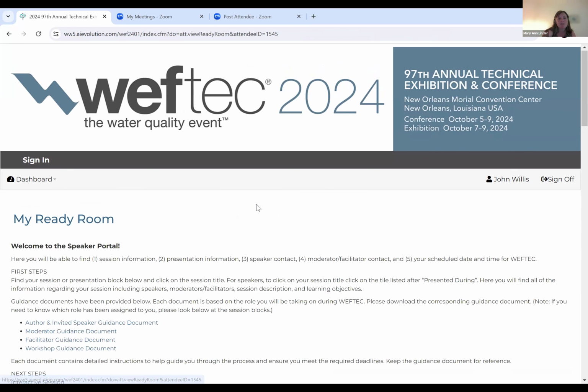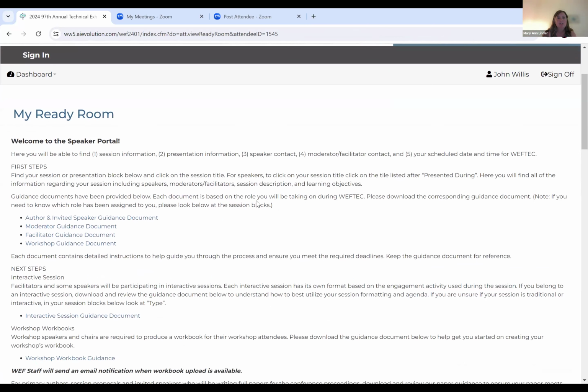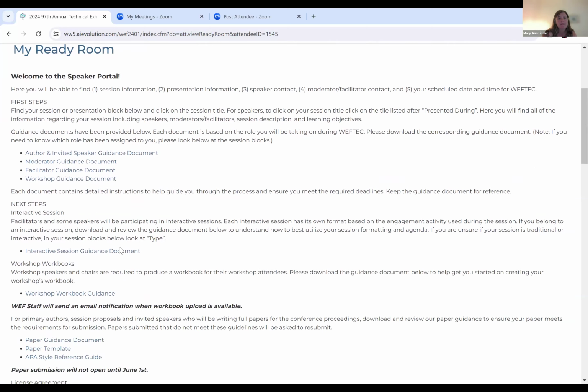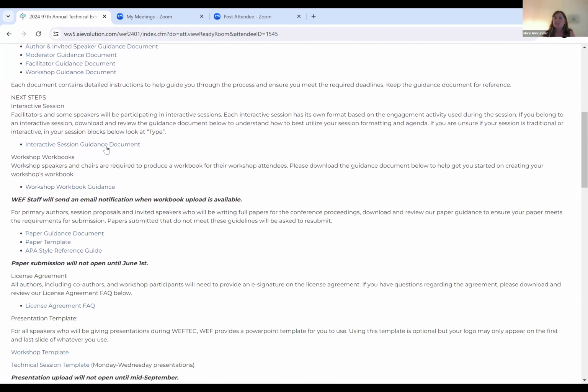But you really want to click on Speaker Portal. This is where you're going to find all the good stuff. Here are the guidance documents, what your speakers should have read, moderator, facilitators. In case someone's a workshop, here's your workshop one. If you have an interactive session, I highly recommend that you download this as well.